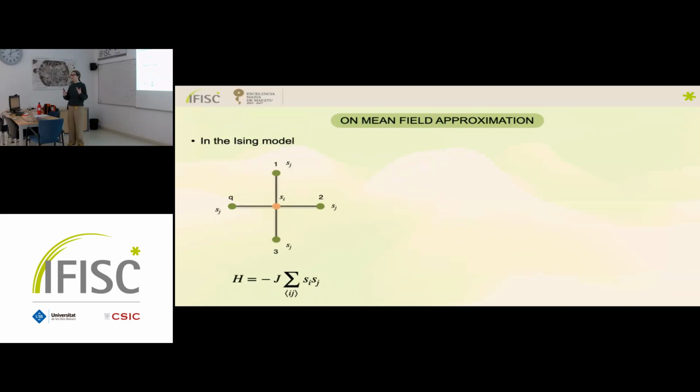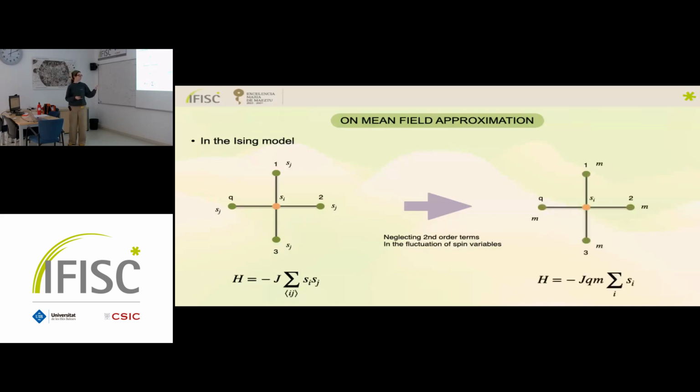At the mathematical level, we neglect the second order terms in the interaction of the spin variables and approximate the interaction with an average field. So we just take into consideration the average field that the spin we are considering feels because of the interaction with all its nearest neighbors.